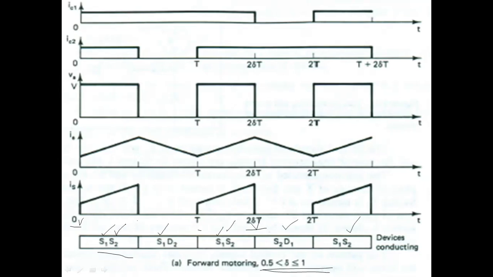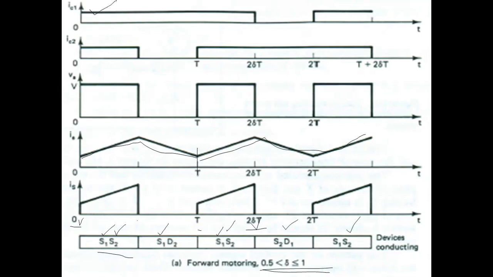So S2. See, this is IA, the armature current. It will be either 0 or positive, and if you observe the waveforms, these are continuous. There are no discontinuous waveforms here because IA is continuous here.